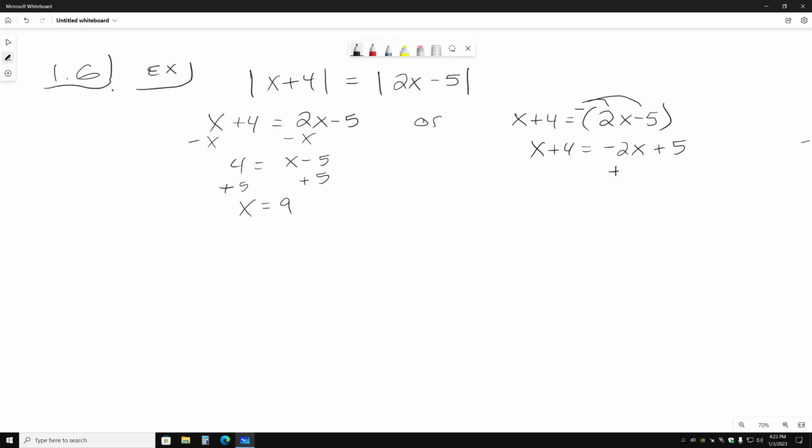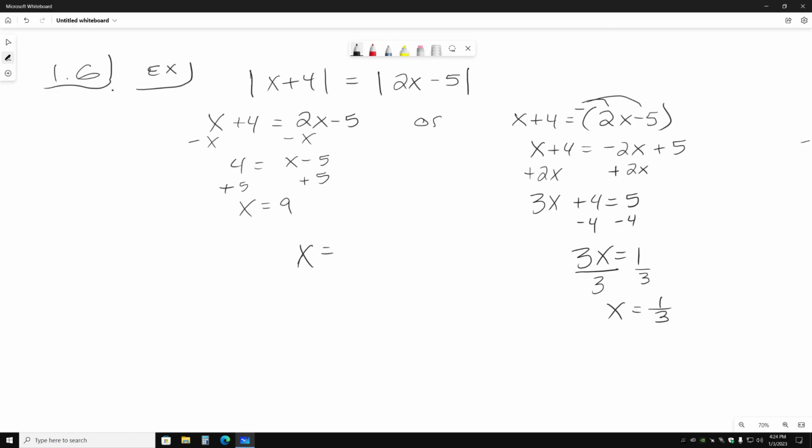Solving for x, we're going to add 2x to each side, which gives us 3x plus 4 equals 5. And then subtracting 4 from each side gives us 3x equals 1. Dividing each side by 3, we get x equals 1/3.